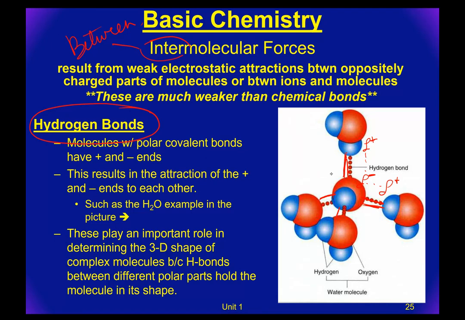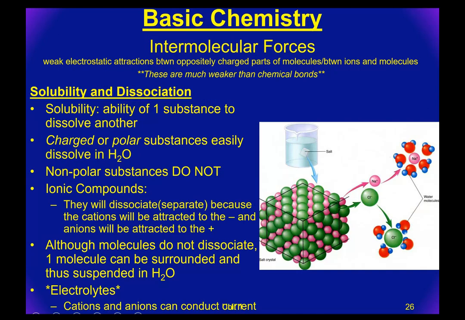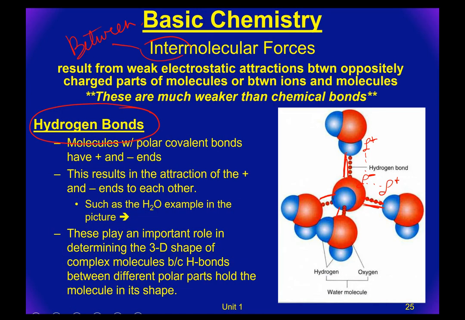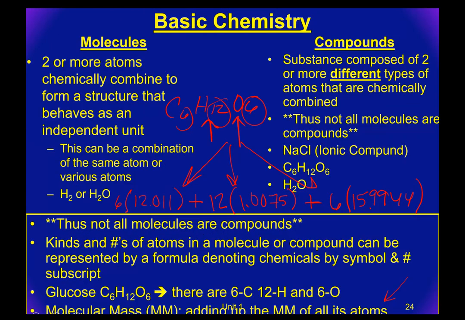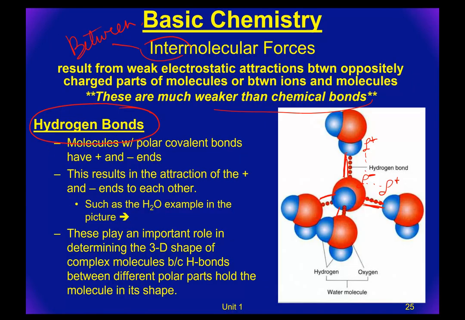Individually, these types of bonds are very, very weak. They don't really do much. They're weaker than the chemical bonds, the ionic bonds and the covalent bonds. But when you put them together, they can actually become fairly strong.